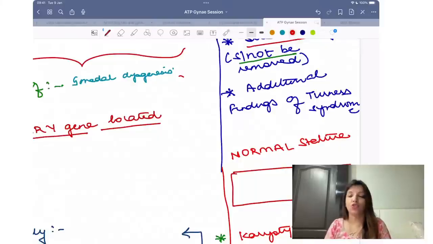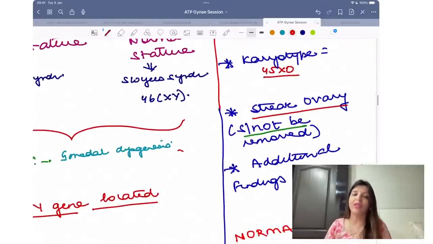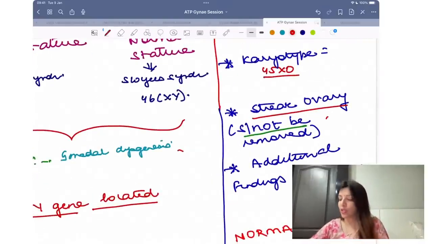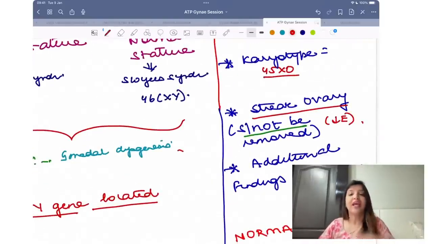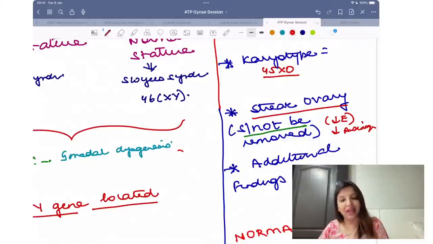In Turner syndrome, because only one X chromosome is present, the ovaries are not well developed, and that is a streak ovary. That is why estrogen levels are decreased and breast development is absent. Because ovaries are not developed, androgen levels are decreased, and that is why pubic hair is not developed. Is that clear to all of you?